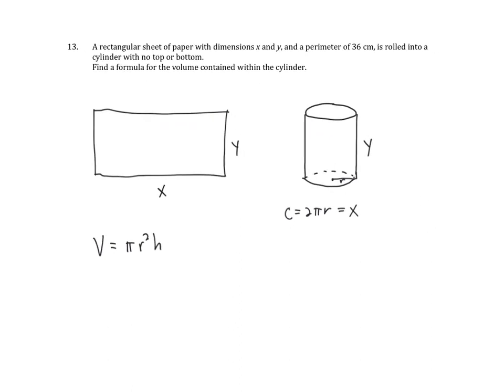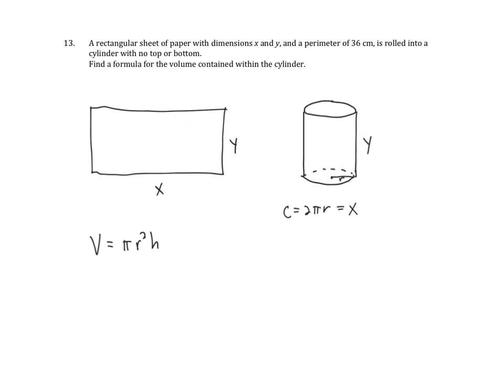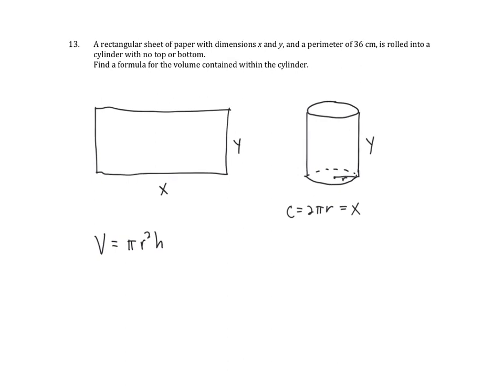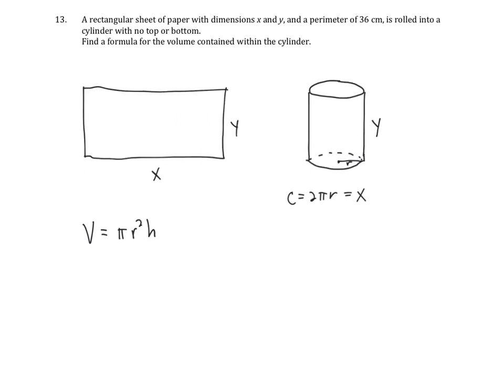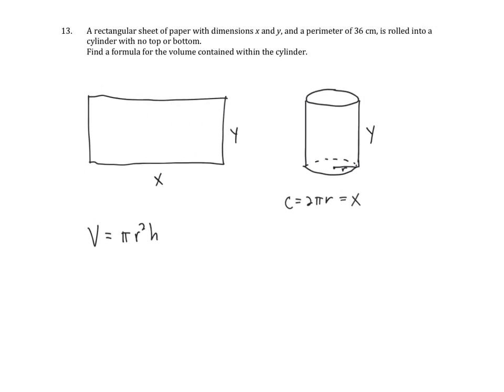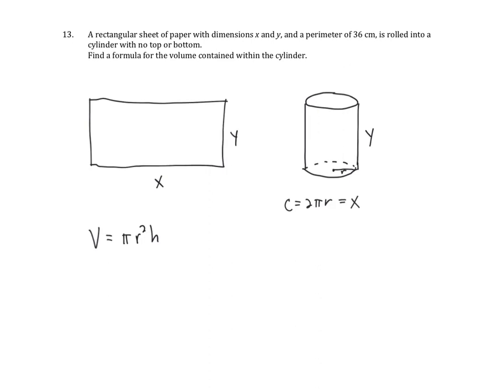That'll be one of the formulas that we'll use. And then the perimeter is 36, so really 2x plus 2y is 36. All right, and then that means that x plus y is 18.